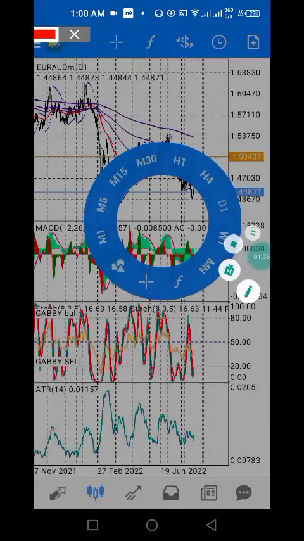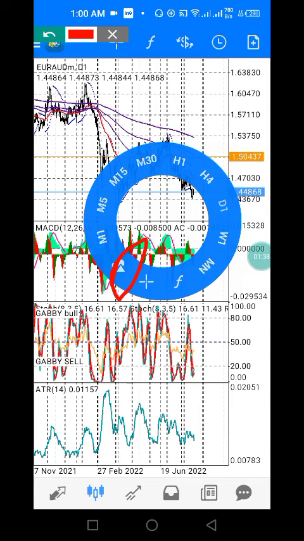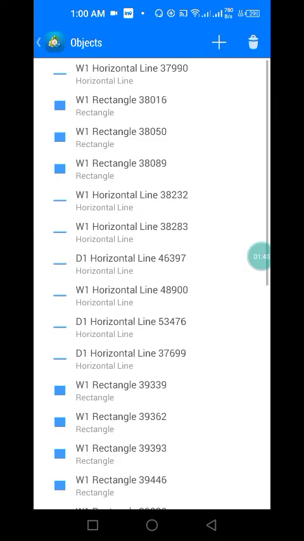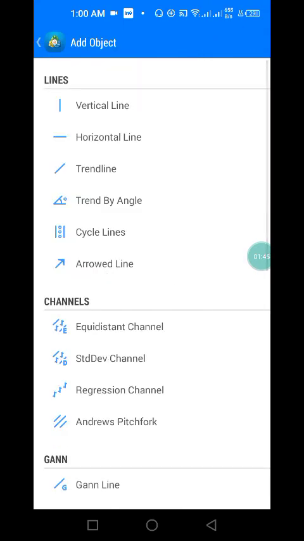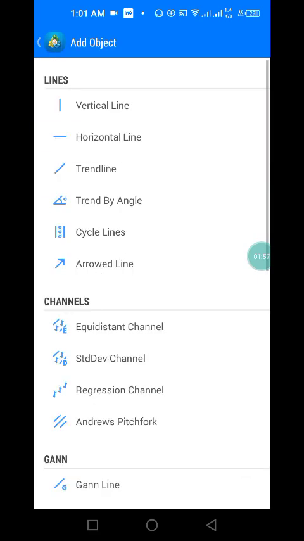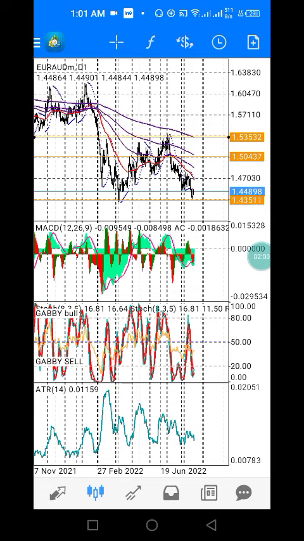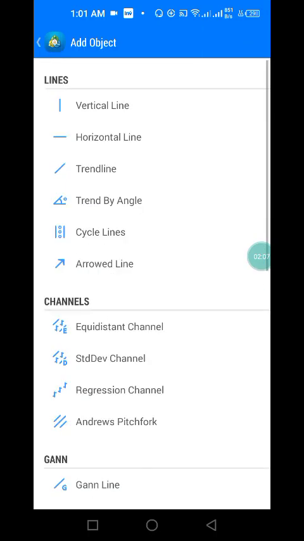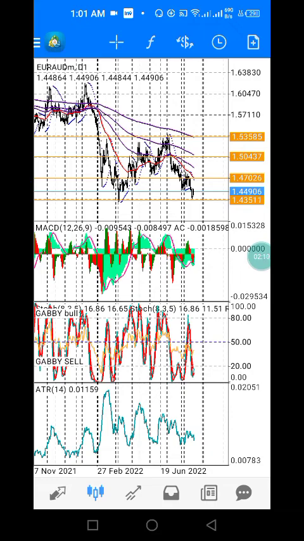I'm going to show you how to draw it. Click on your chart, on your instrument, click on this icon right here, click on your horizontal line. All these places are where the market reacts.